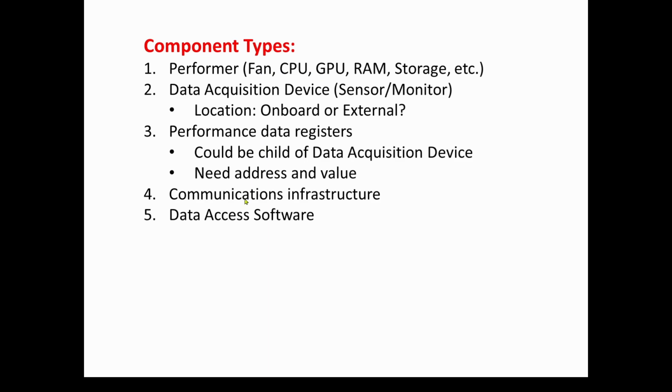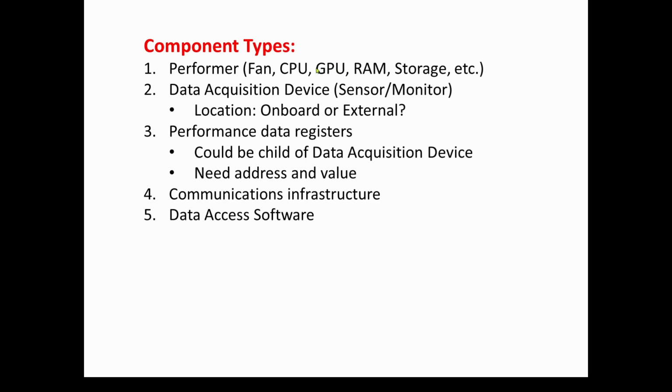And the last thing you have to consider is data access software. So for example, we'll go back to our GPU. Say it's an NVIDIA GPU. It's got a lot of stuff on it. It's kind of like a standalone computer. It's got a GPU processor and it's got registers on it.